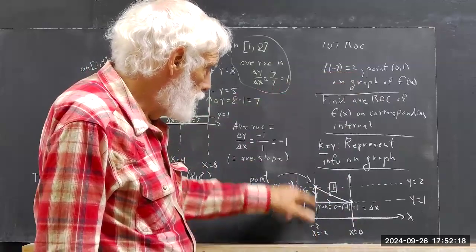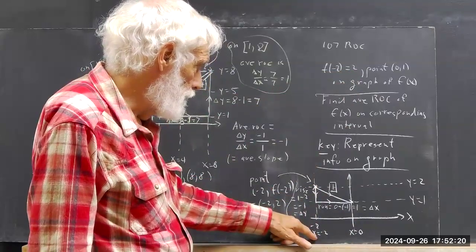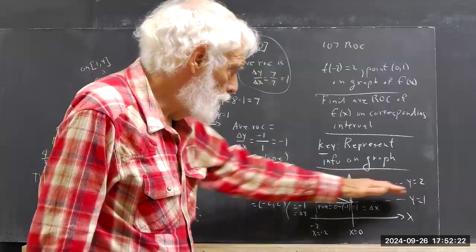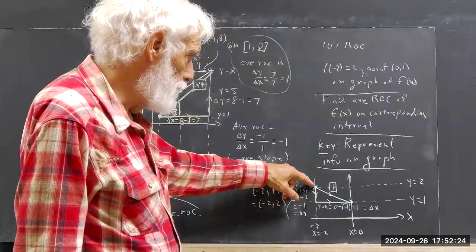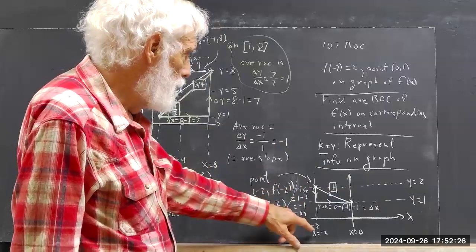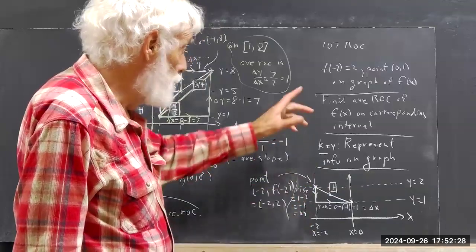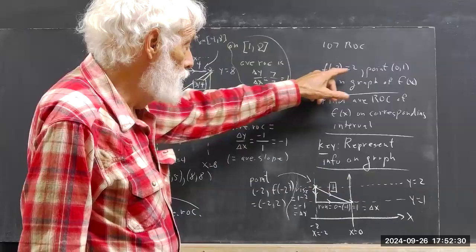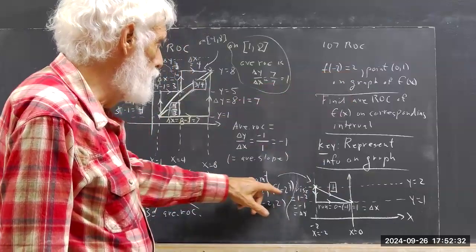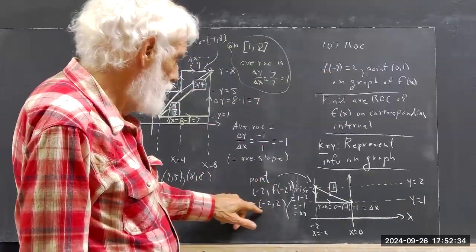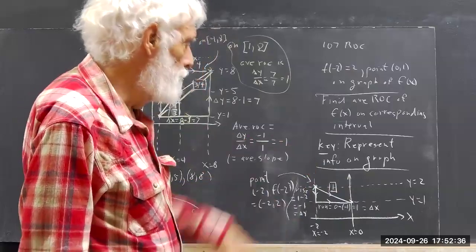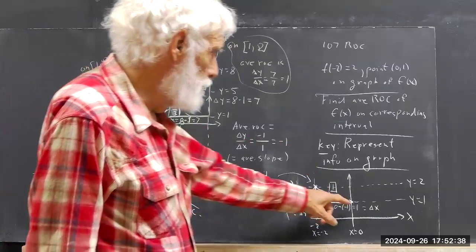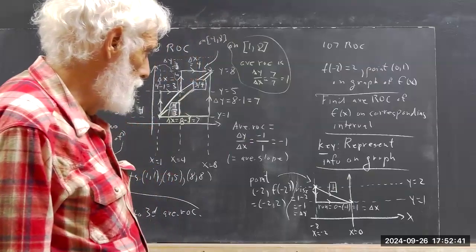So for x equals -2, which is represented by this vertical line, you got the horizontal line y equals 2. Where they intersect is the point (-2, 2), which corresponds to f of -2 equals 2. The point (-2, f of -2) is (-2, 2). That's the point. It's point (0, 1). I didn't label it, but it's pretty obvious.